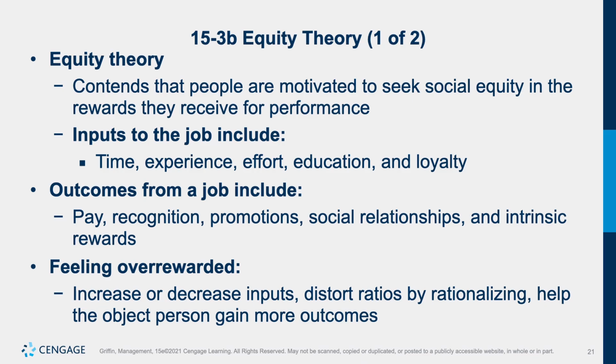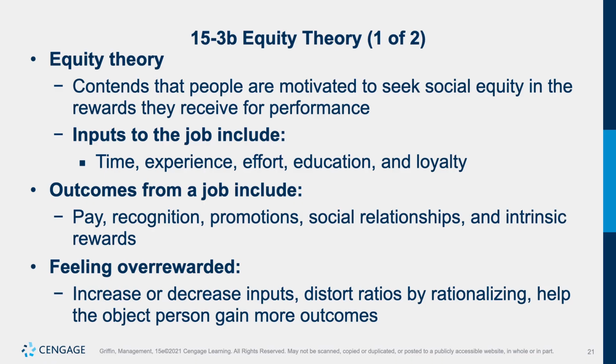Equity theory. Equity theory contends that people are motivated to seek social equity in the rewards that they receive for performance. Now, to determine equity, a person compares his or her ratio of outcomes. The outcomes may be pay, recognition, promotions, and so forth, right?